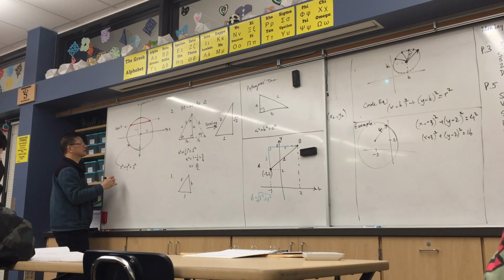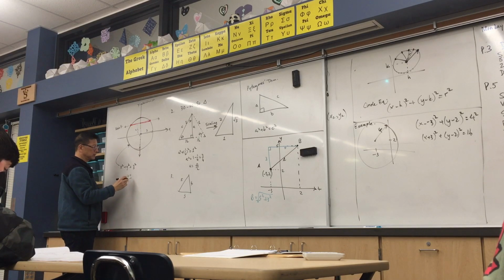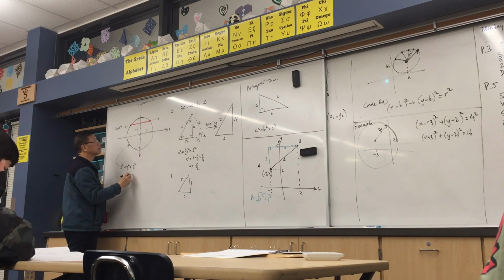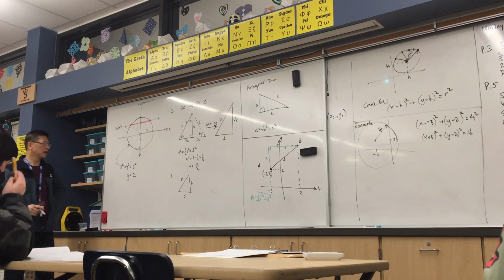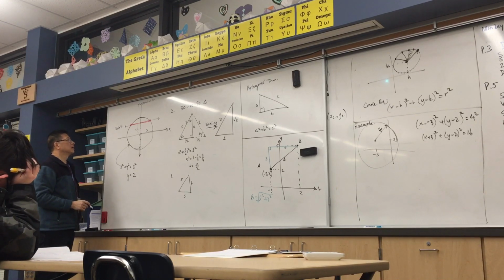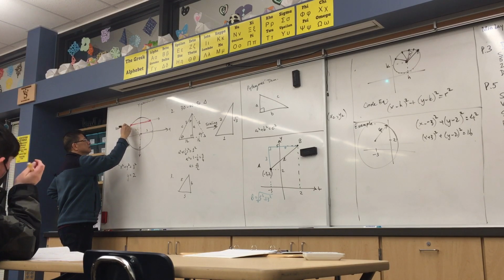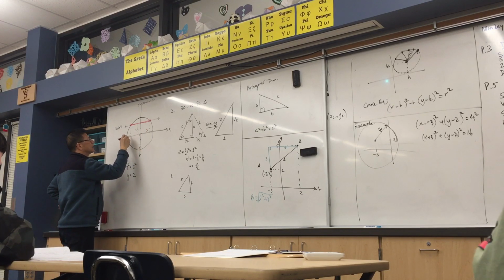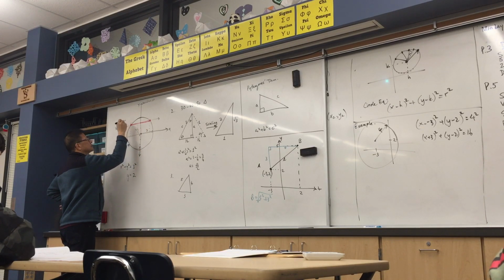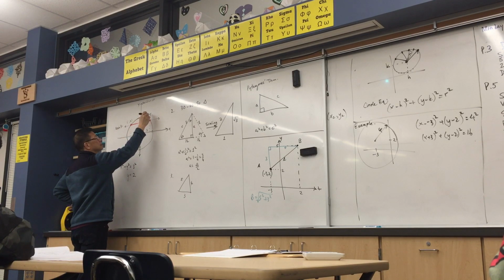So the line is y equals 2. What's this distance here? If we drop it down, I want to find these coordinate points. I know it's 2, something, 2, and this is also something, 2.